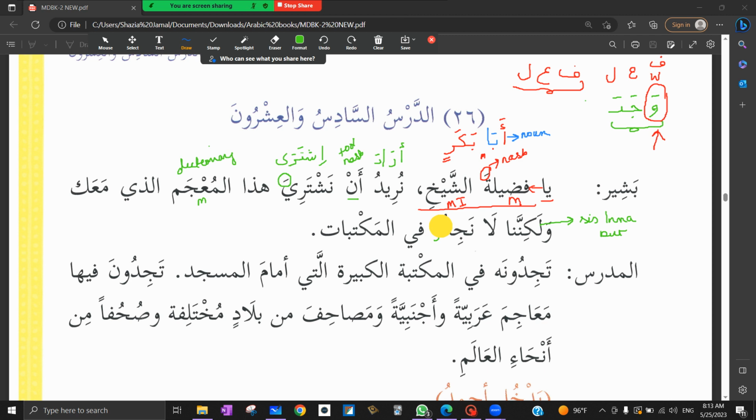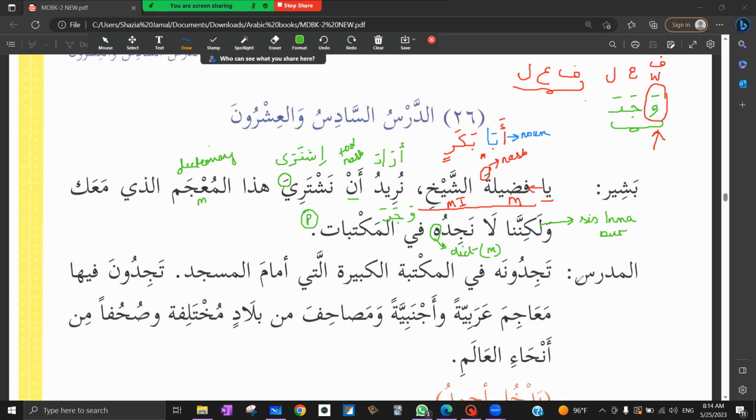This damir represents the dictionary and it is a male noun, so that's why the male damir is there. Najidu comes from wajada, to find. Al-maktabat, this is the plural of maktaba. We cannot find this dictionary in the libraries.